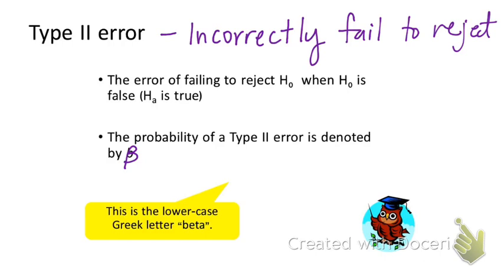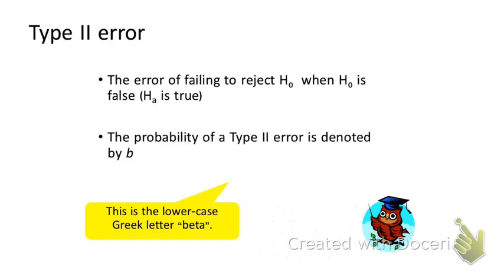So here we might say type 2 is when you fail to reject a false Ho. So type 1 is when you reject a true Ho. Type 2 is when you fail to reject a false Ho.